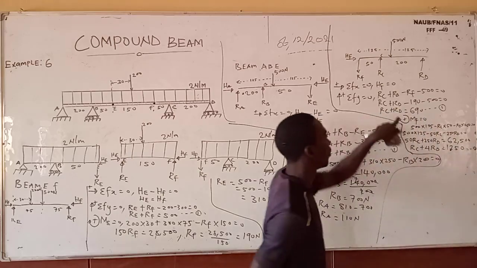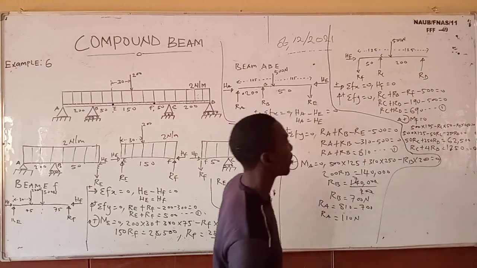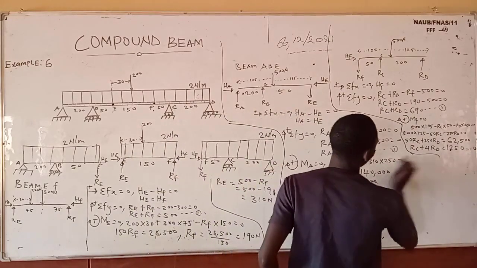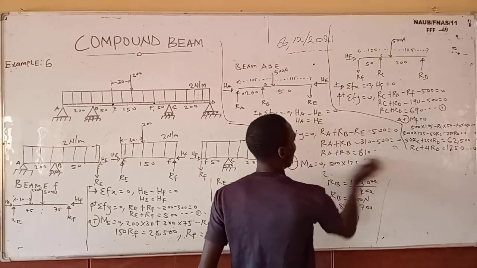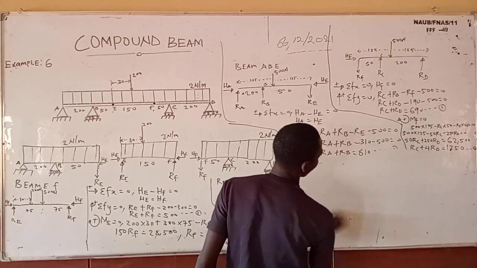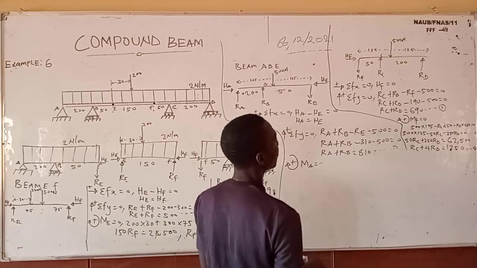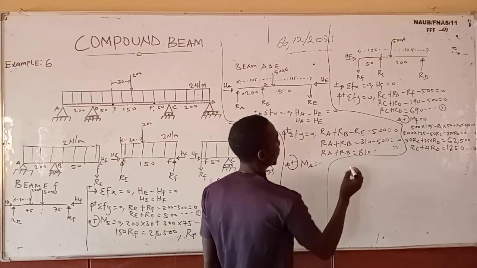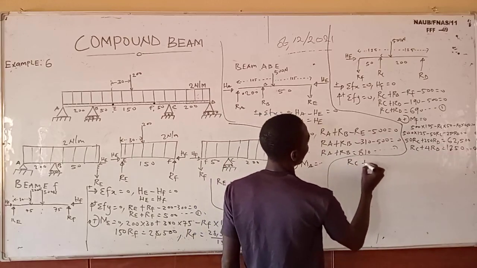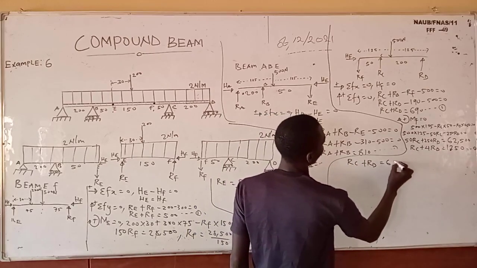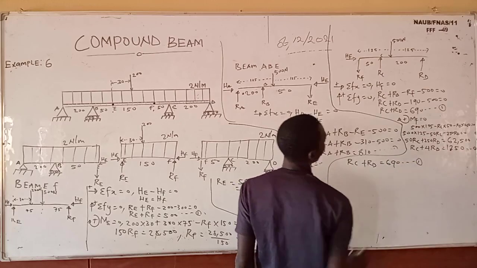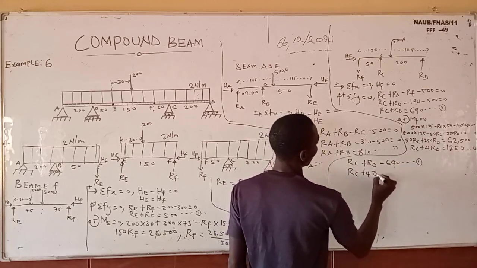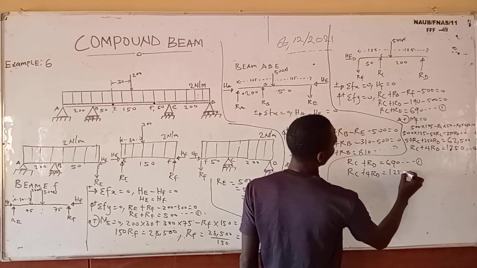So if you look at equation 1 and equation 2, we can solve them simultaneously. Equation 1 is ROC plus ROD equals 690, and equation 2 is ROC plus 4 ROD equals 1250.